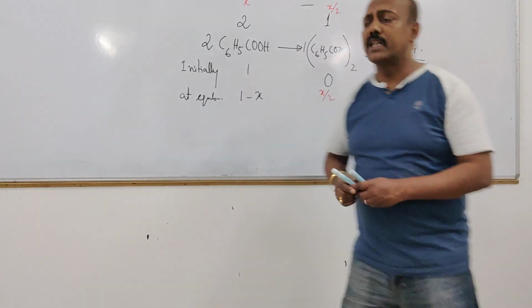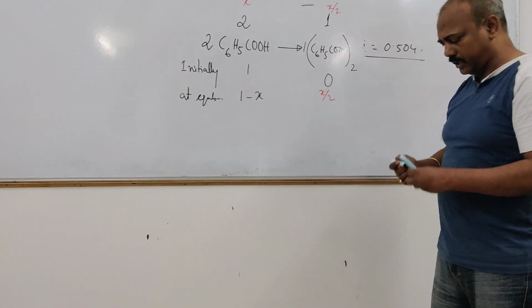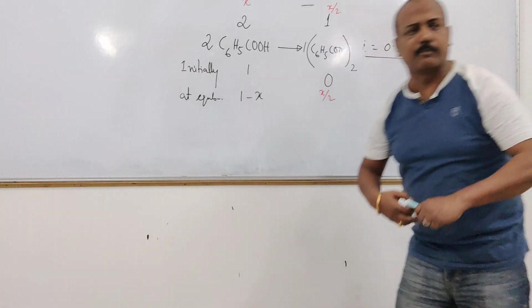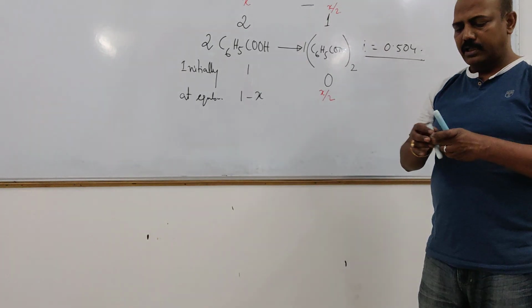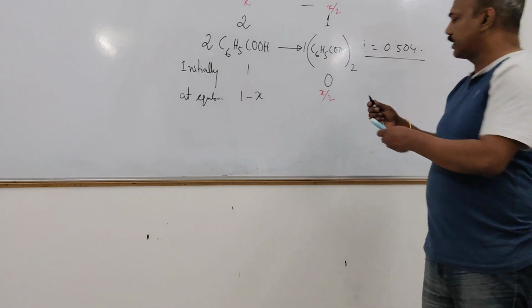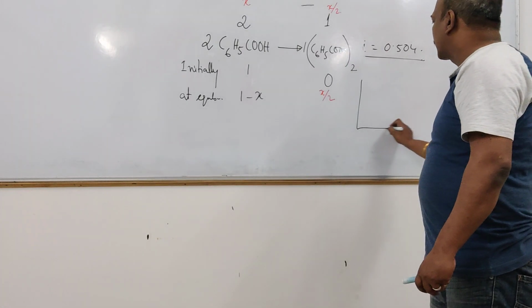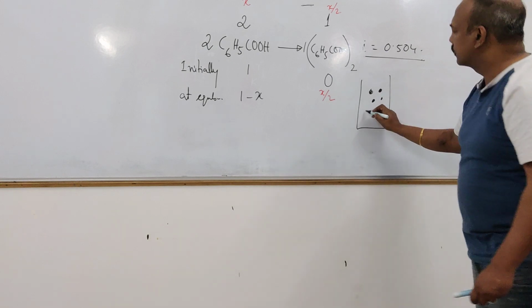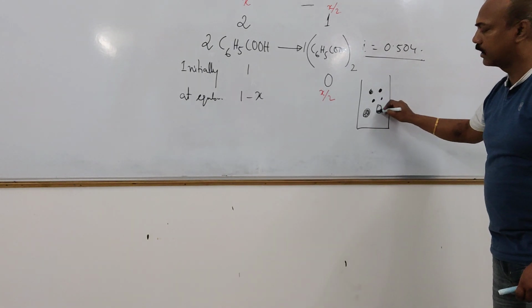Yes? So what is the total at equilibrium? What is the total at equilibrium? Right now at equilibrium, please understand it, what do you have? You have some C6H5COH and some dimers, right?